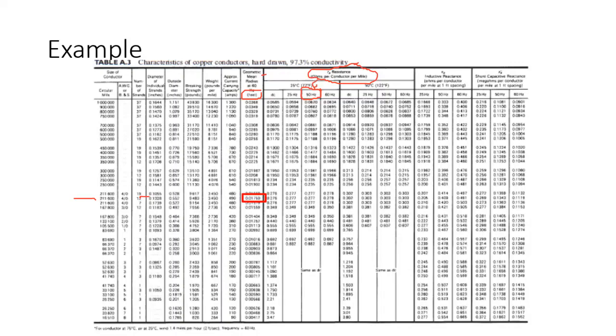But because we talk about the inductance, it's not given at 50 hertz, it's given here as 60, the geometric mean radius. So geometric mean radius in feet. They ran this at 60 hertz, and then they calculated the geometric mean radius of this strand.